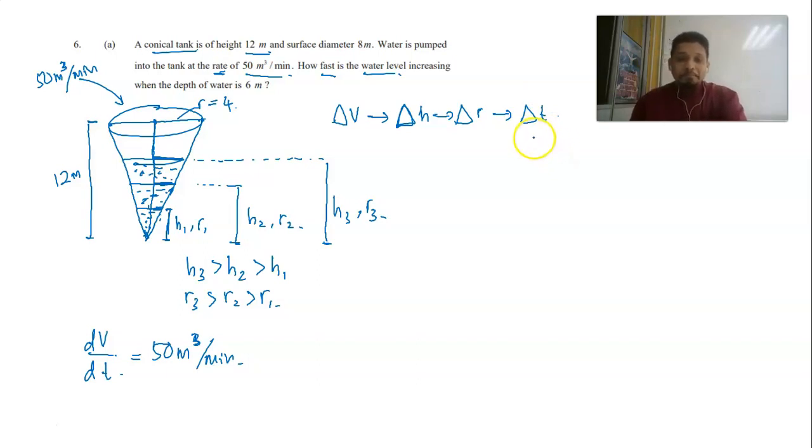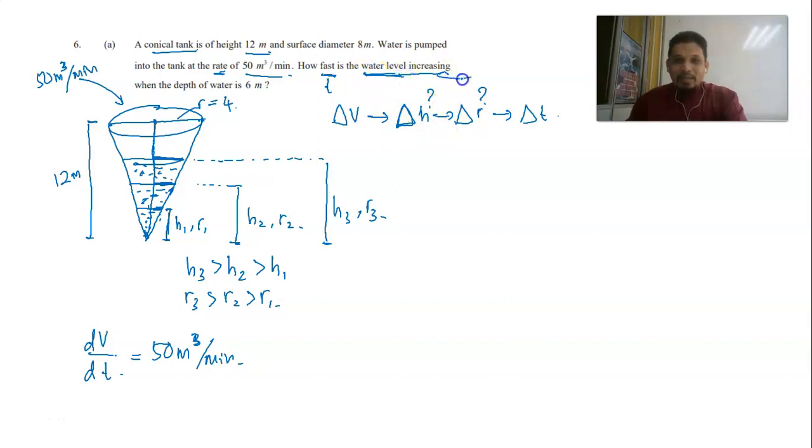Okay, now, from this question, water is pumped into the tank at a rate of 50 meter cube per minute. How fast? Fast means we have to do with time. And then the water level increases. Is it about height or radius? Yes, it is height.